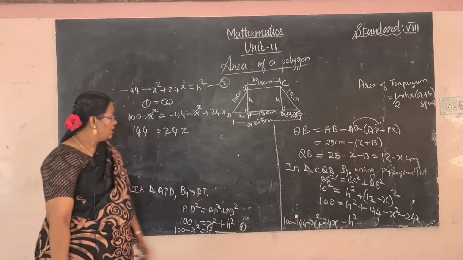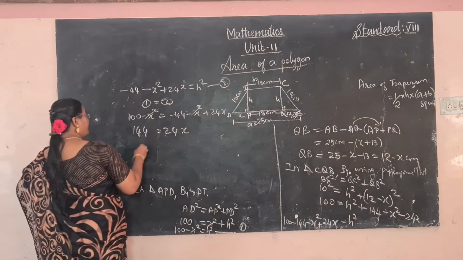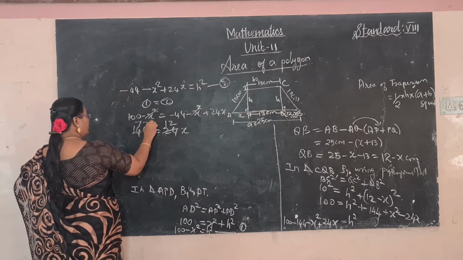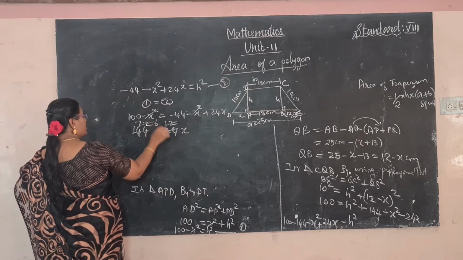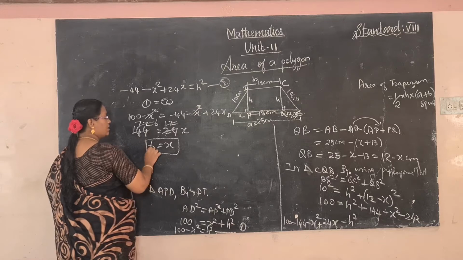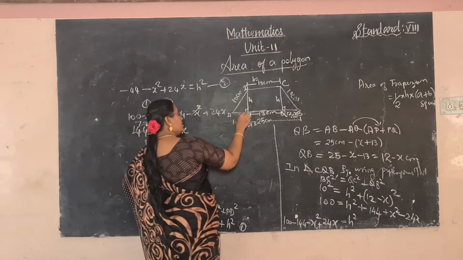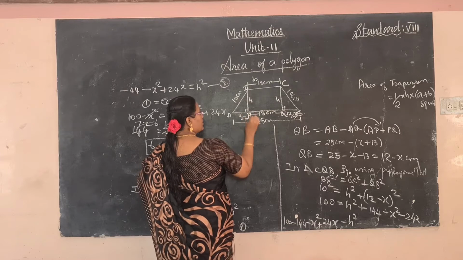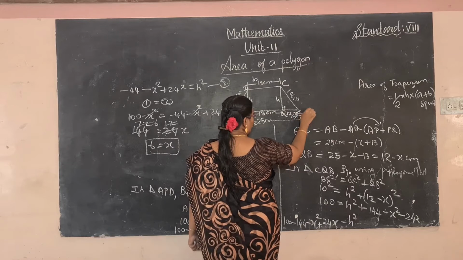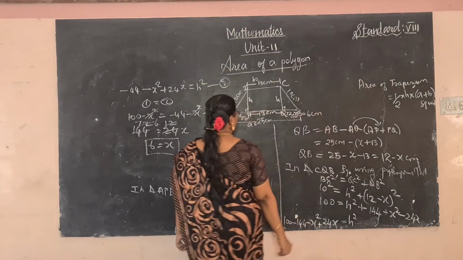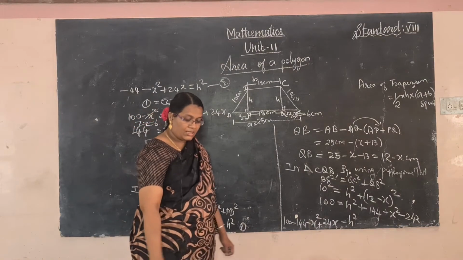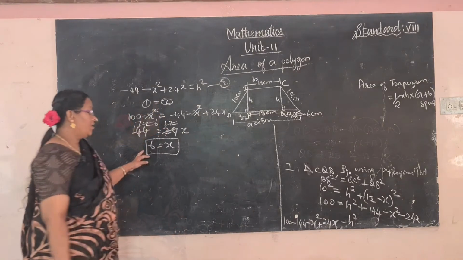It cancels in the 12 table, 12 sixes are 72. So x is equal to 6. Here 12 minus x is also 6 centimeter, so QB value is equal to 6 centimeter. Okay, x value is 6.